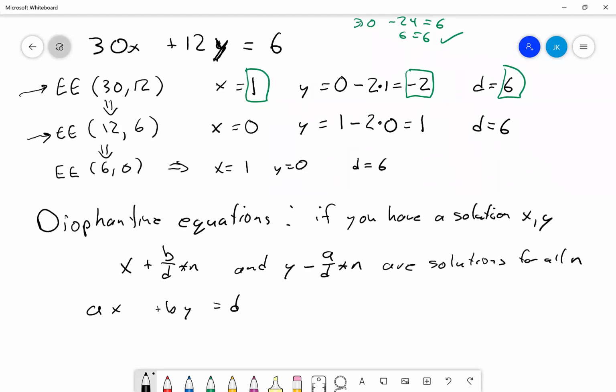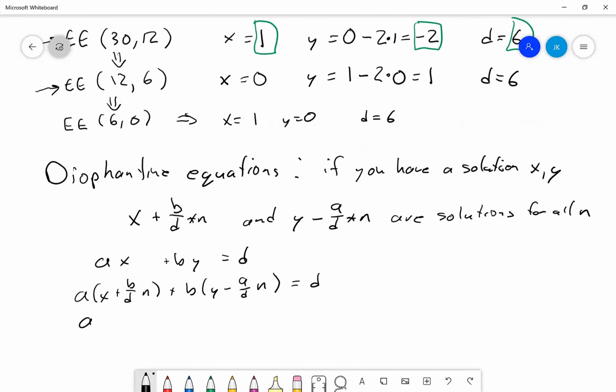And so if we were to substitute that and make this a of x plus b over d times n plus b times y minus a over d times n, if I do this, I get ax plus ab over dn plus by minus ab over dn equals d. And sure enough, these two things cancel, and so we're left with our original equation. So that's basically why that works.